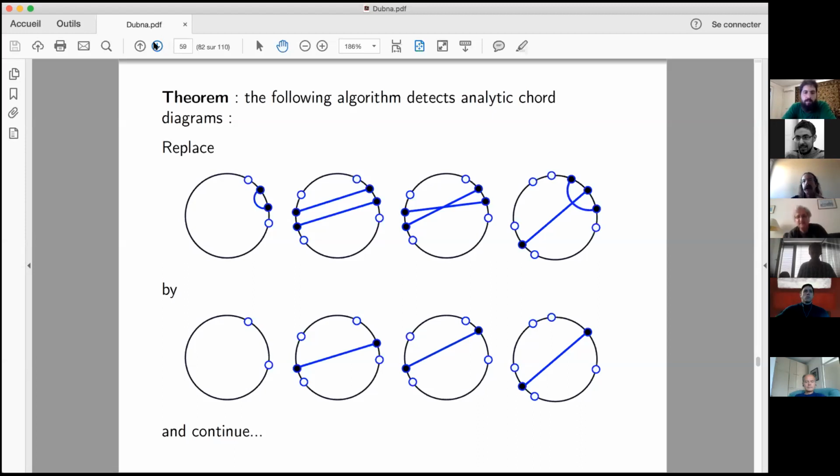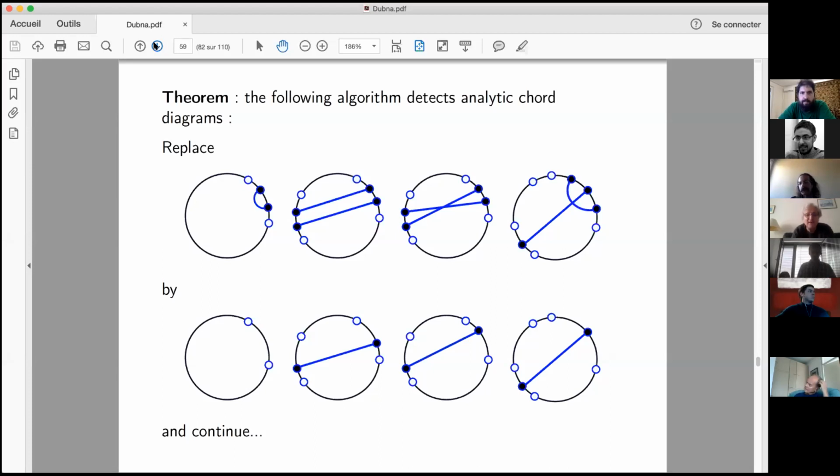If you find it, well, you delete the chord, like on the picture. If you have two parallel chords, you delete one of them, and you go on. And if at the end, you finish with a chord diagram with no chord, then it is possible to find an algebraic curve. So I was somehow satisfied because I had an algorithm which was easy to program.